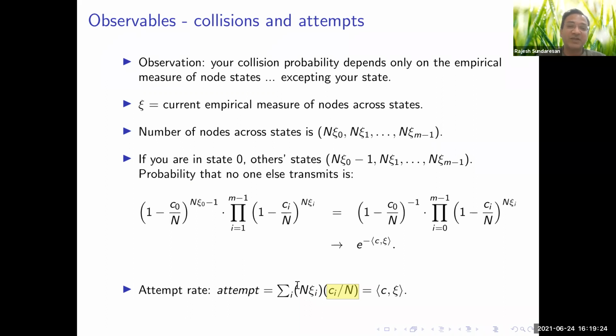So the expected number of attempts across all the states is just to take this product and sum it up. And that's just the inner product. So e to the minus the inner product gives you the probability that nobody is transmitting in this particular slot. And it has this interpretation of an activity coefficient or an activity parameter. It's the expected number of attempts per slot.